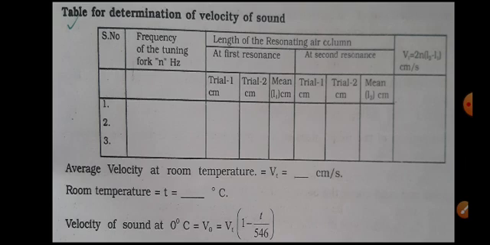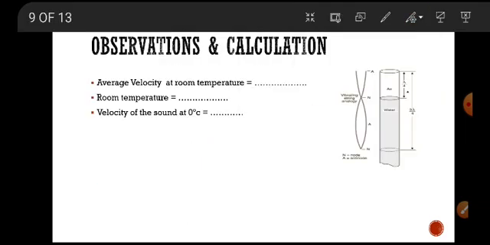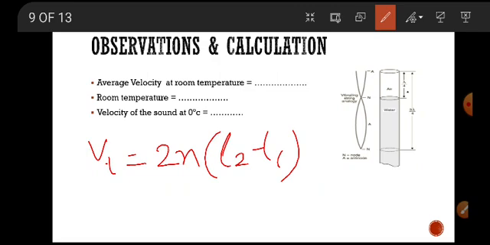By using these resonating lengths, you have the formula: Vt equals 2n into (L2 minus L1). Here the Vt is given. If the examiner asks you to find the frequency, he will give the sound velocity. For example, here the sound velocity is given as 330 meters per second.